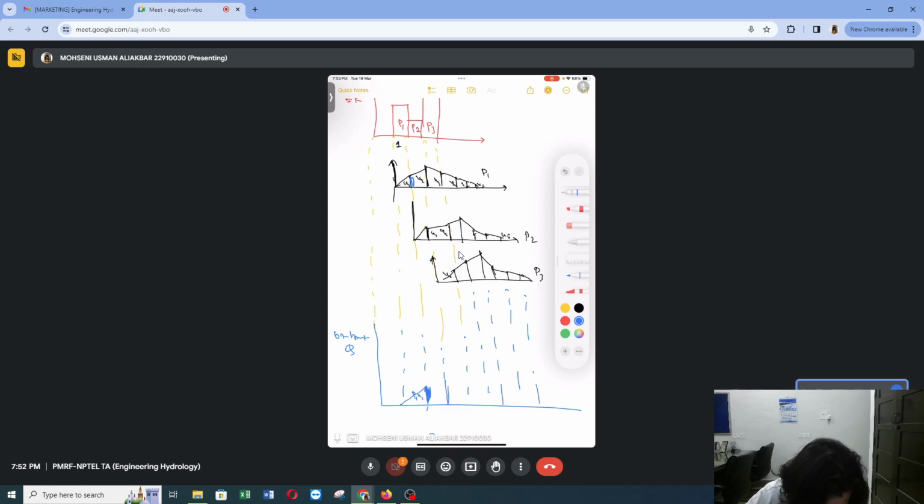Then it will be P1 U2, P1 U3, P1 U4, P1 U5, and then P1 U6. This is the output because of the first pulse and its response function. So P1 U1. The next would be because of P2 U2, so it will start from here.